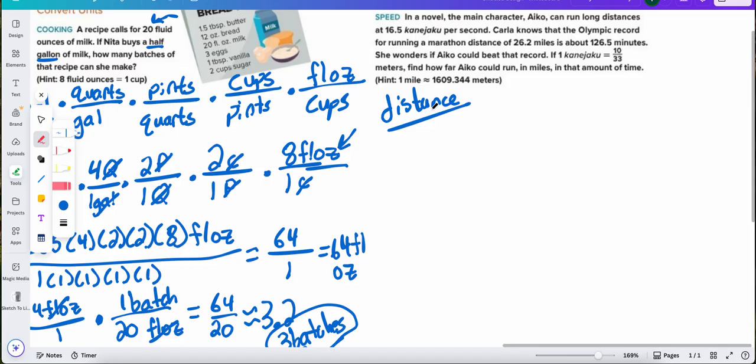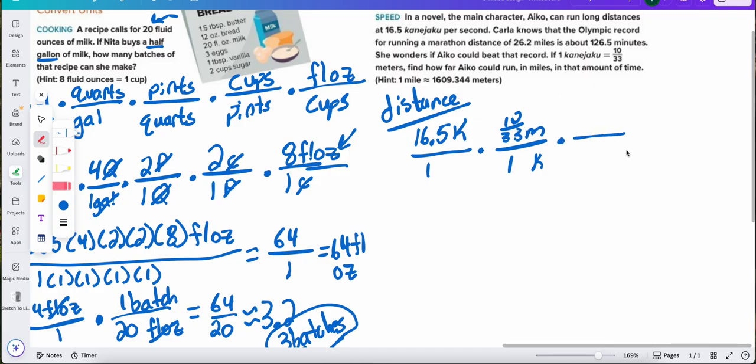So our distance here, we start out with the 16.5 over 1. Then we would multiply. We want our Kanjaku to disappear. We know that one of those is 10 over 33 meters.